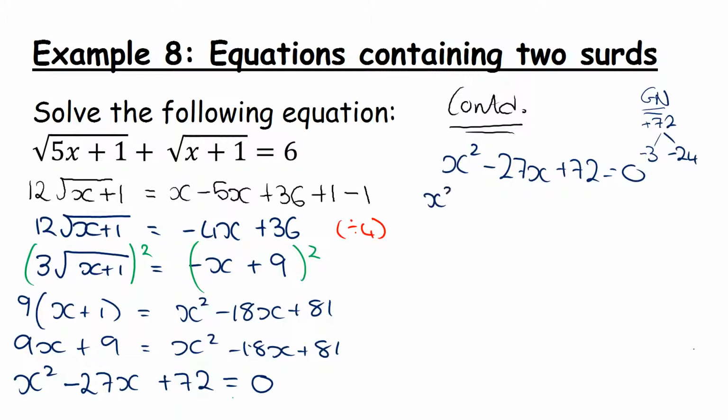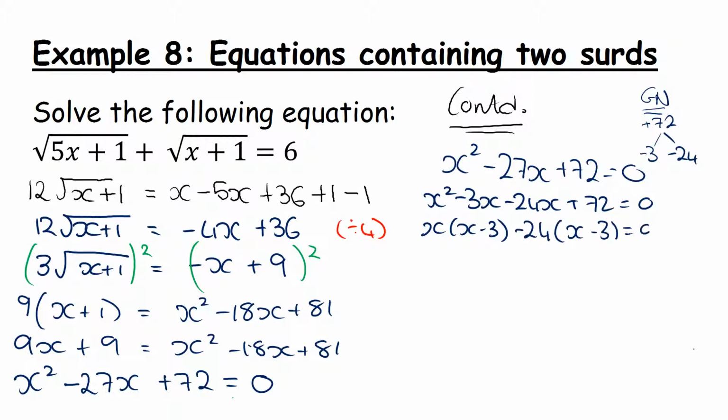So we get x squared minus 3x minus 24x plus 72 equals 0. x is common, x minus 3, and here minus 24 is common, and we're left with an x minus 3. So we get x minus 24, x minus 3 equals 0. So our two answers are x equals 24 and x equals 3.